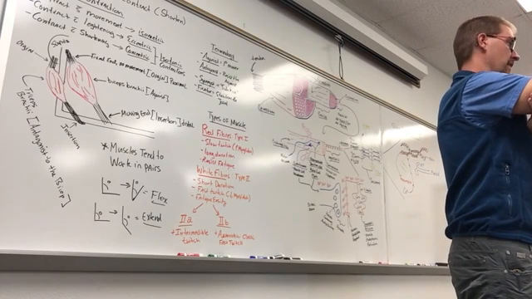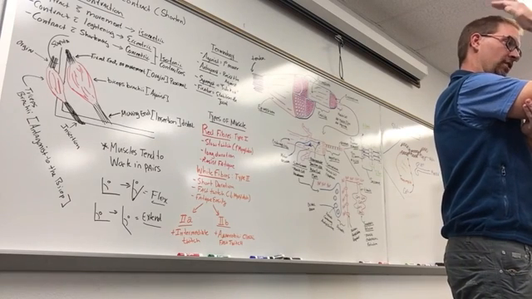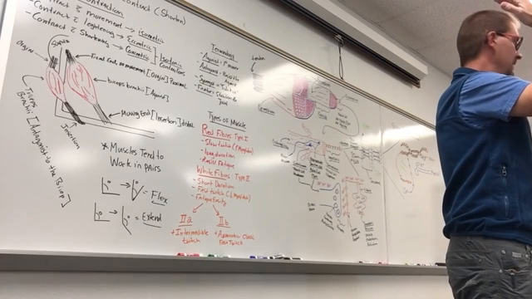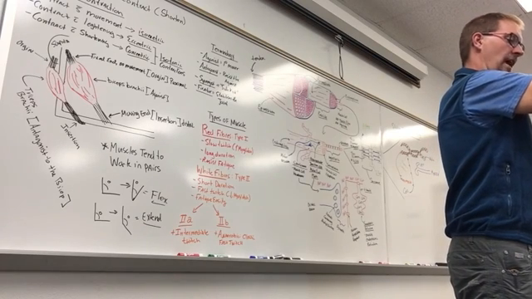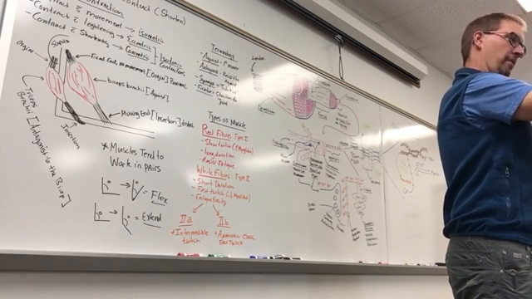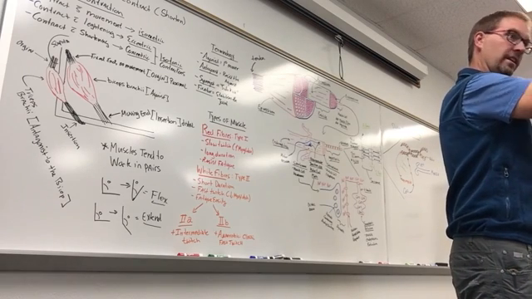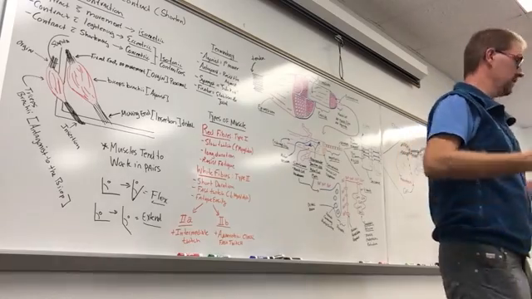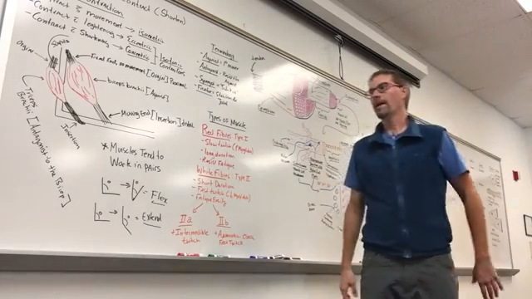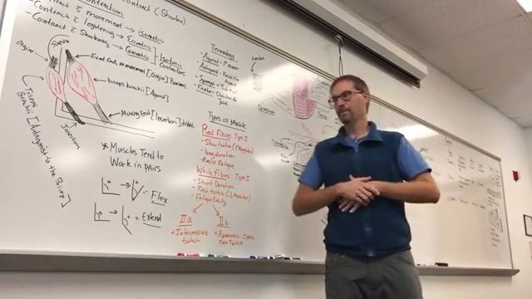That's about 90 there. So that's flexion. When I extend, the angle increases. If I go from 90 to 180, that's extension. You guys remember that from lab. But we're talking about flexion.